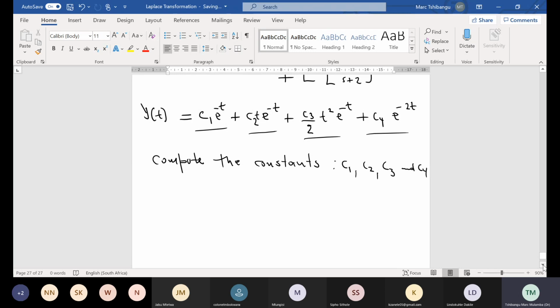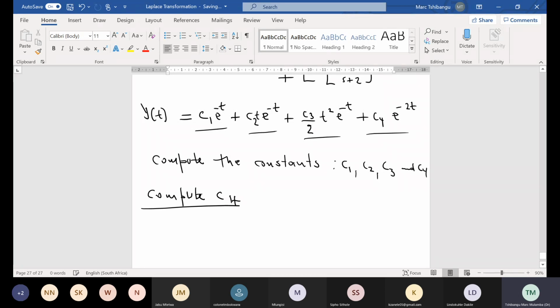To compute C1, what we're going to do is multiply both sides of Y(s) by s plus 1. Or let's start with C4. Let's compute C4, then go to C1, which is likely to give us a problem.